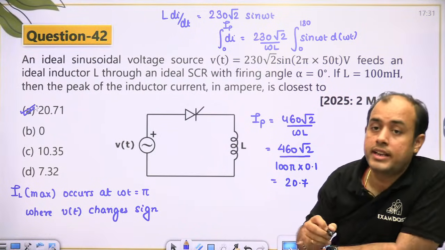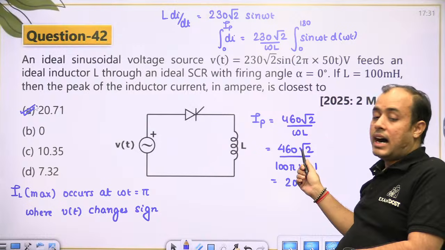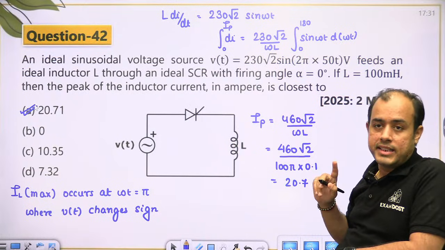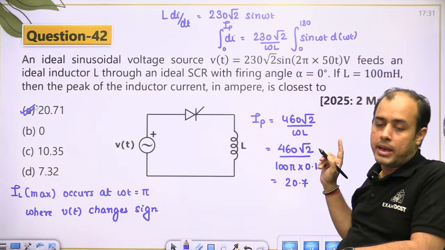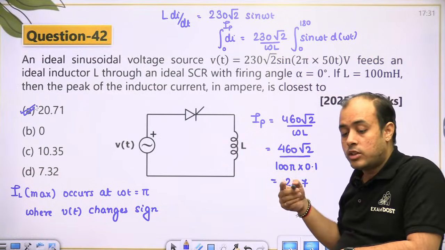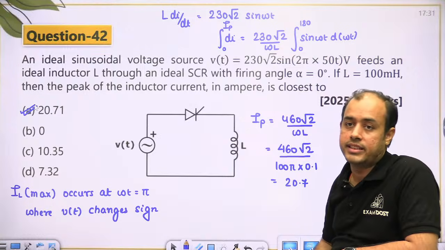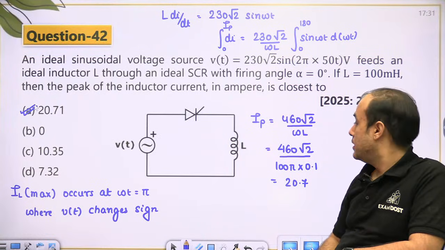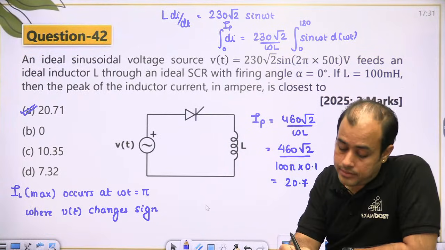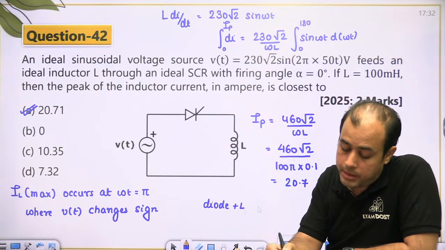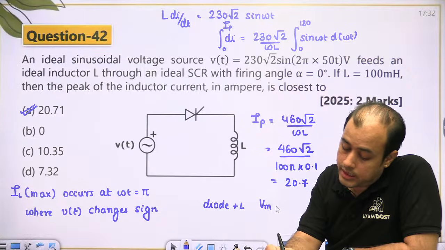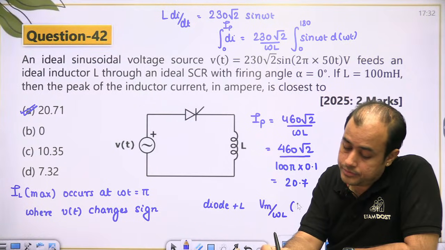मैं बिना कैलकुलेटर के भी बता सकता हूं. हाउ? I know 2 root 2 by pi is 0.9. So I can write 23 into 2 root 2 by pi. I will write 23 into 0.9, which is 20.7. है ना? और somebody diode plus inductor, if you remember, the equation was this.